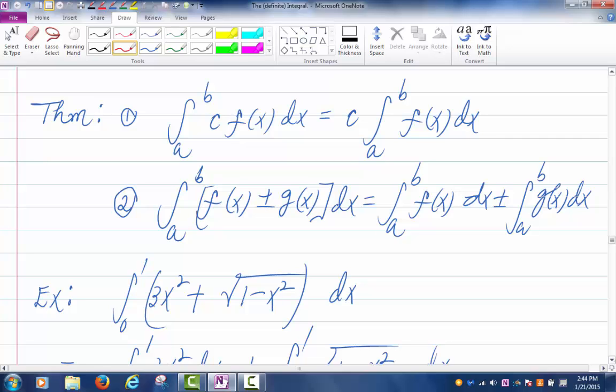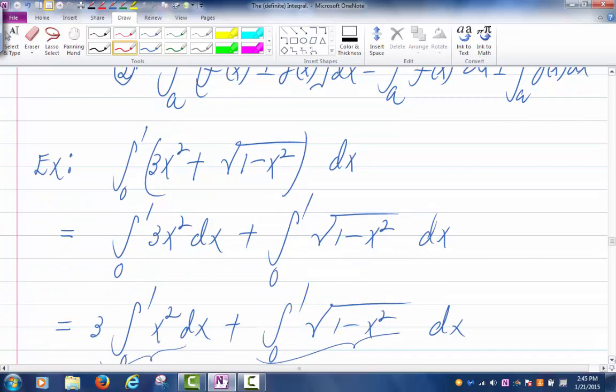If I have c plus, I cannot say this is the same as c times that. But c times this, I can factor out the c. The second one is saying that if I have a sum, I can take the integral one term at a time. We always use that. Sometimes you don't even think about the fact that we are using these two algebraic properties.